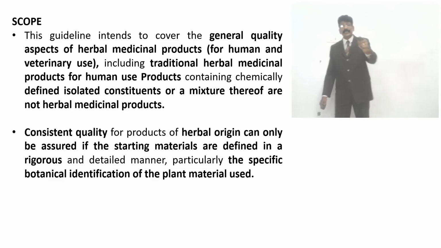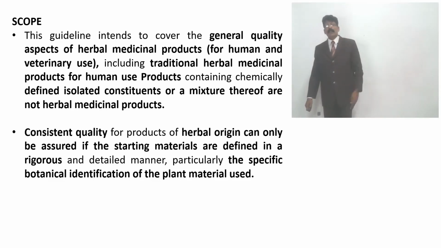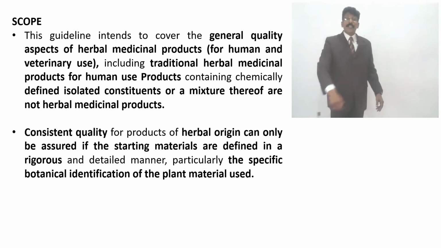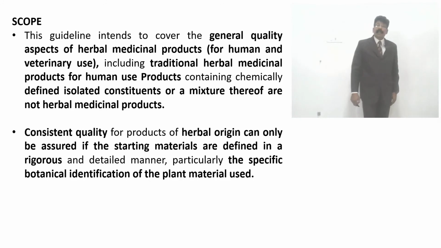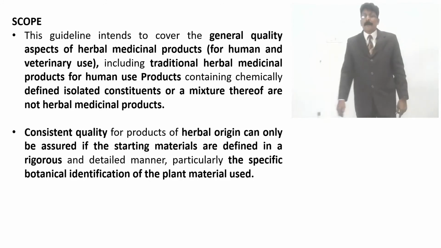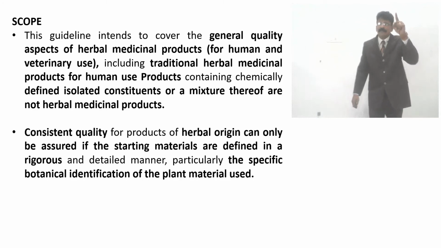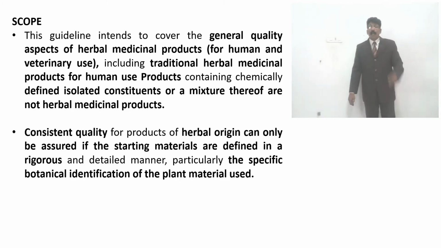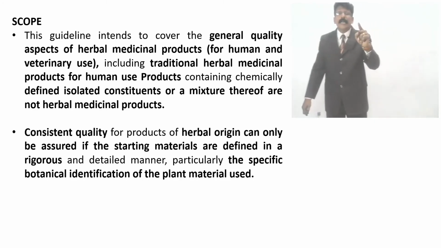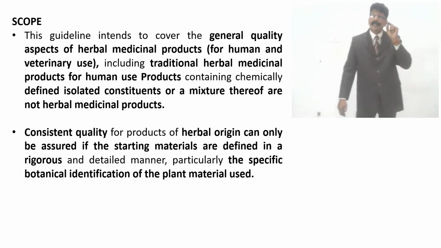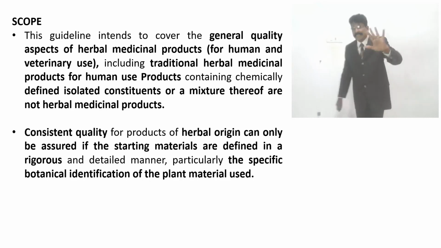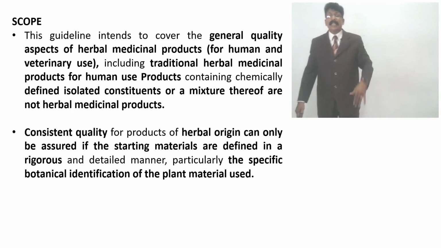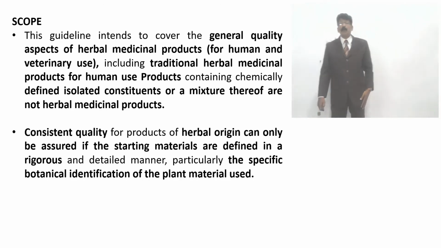The consistent quality for a product of herbal origin can only be assured if the starting material, including the harvesting area and cultivation area, the starting material of the herbal drug, is defined in a rigorous and detailed manner, particularly the specific botanical details, the botanical identity of the plant material used.